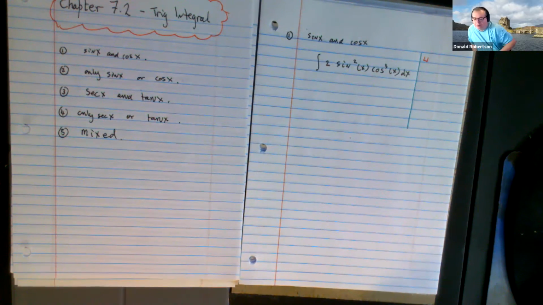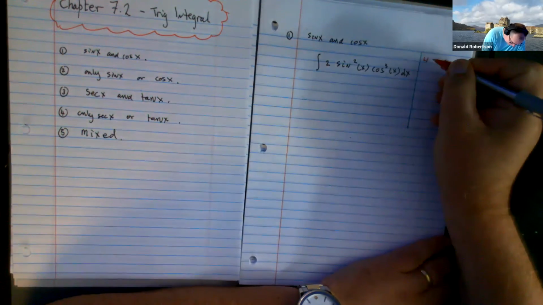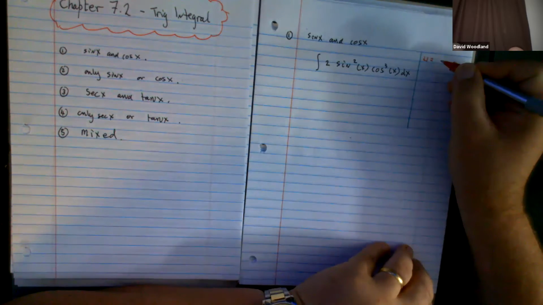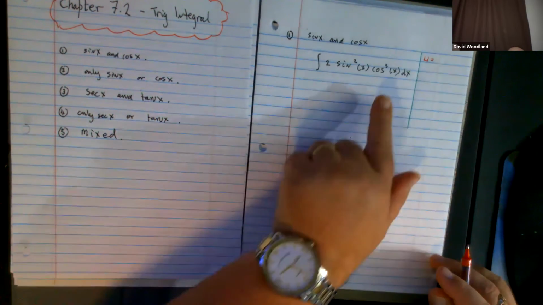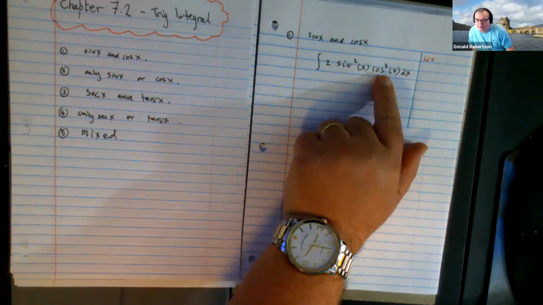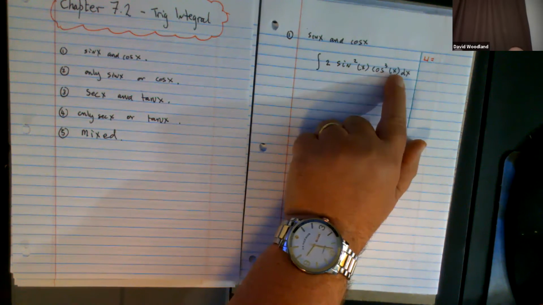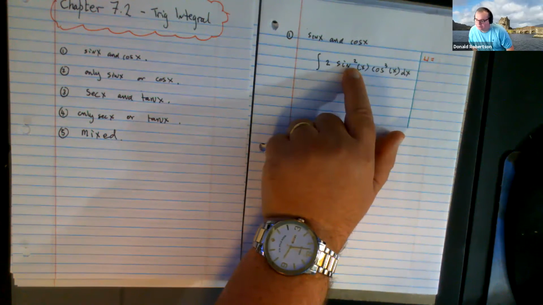So who's the U-sub going to be? Cosine. Okay, if I pick the cosine, that would turn into u cubed. That's good. If I picked a cosine, wouldn't I kill one of these sines? But wouldn't there only be a sine left? And that would be the end of the line.